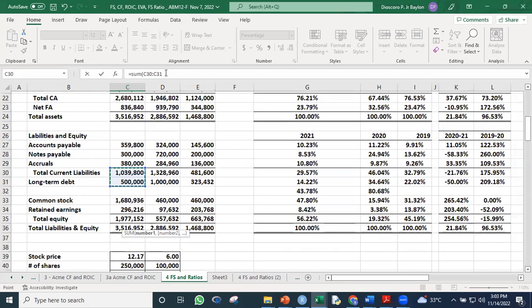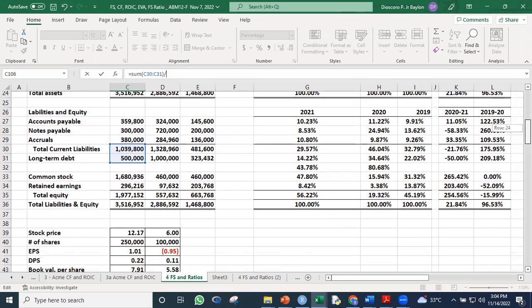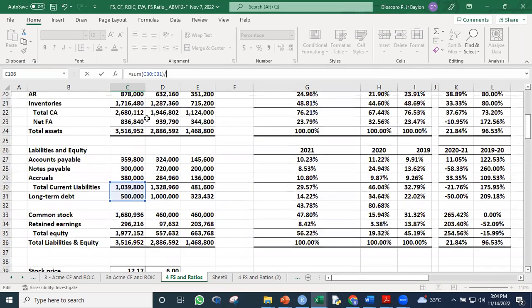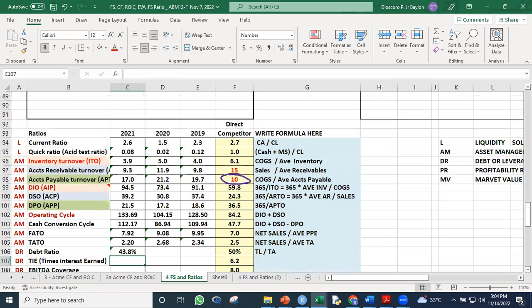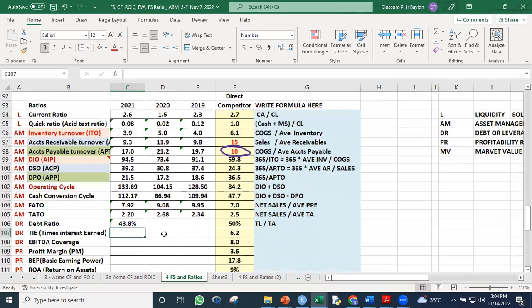So these two, okay, and then we divide it by total assets, total liabilities over total assets. Our total assets is, okay, it's this one. Okay, or this one. Okay. So we have 43.8, and if I copy to the right, okay.